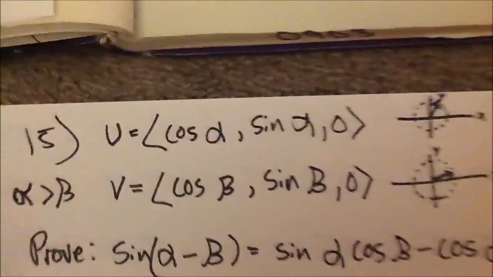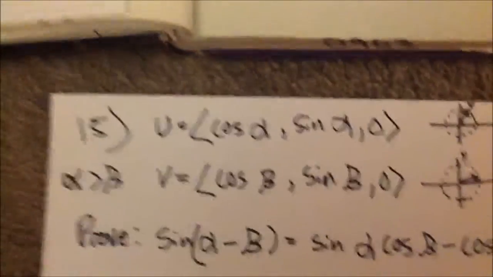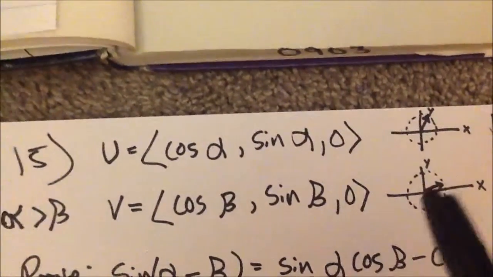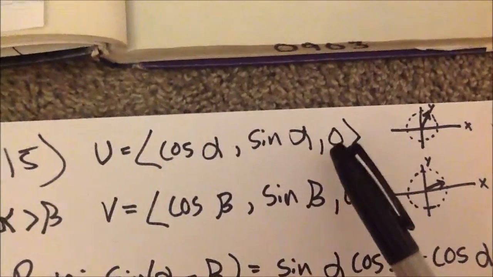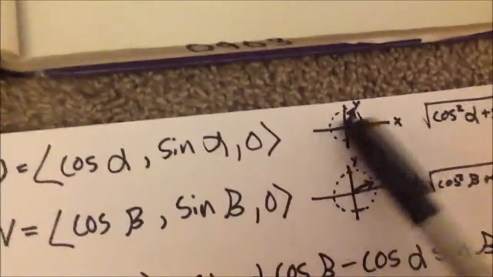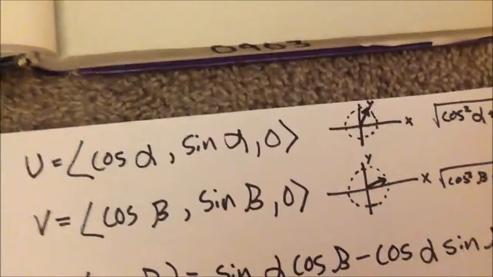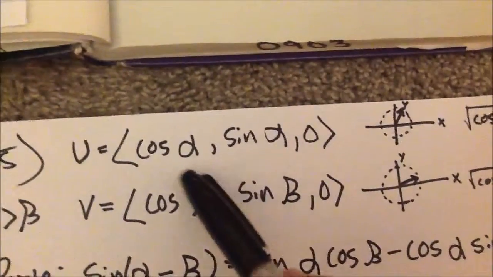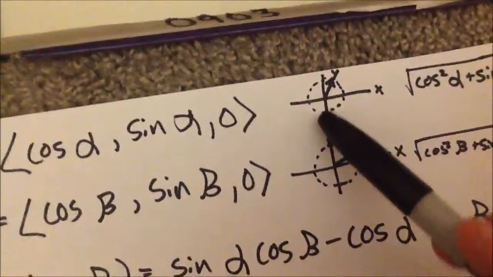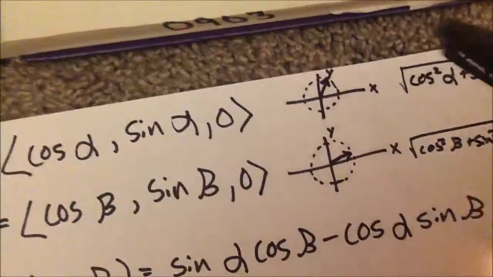Before we even take the cross product of these vectors, it might be useful to point out that because this vector doesn't have a z value, it's 0, we can represent them in just the xy plane. We don't have to use 3 space here. This is a very familiar setup. It's just a vector falling inside of a unit circle.